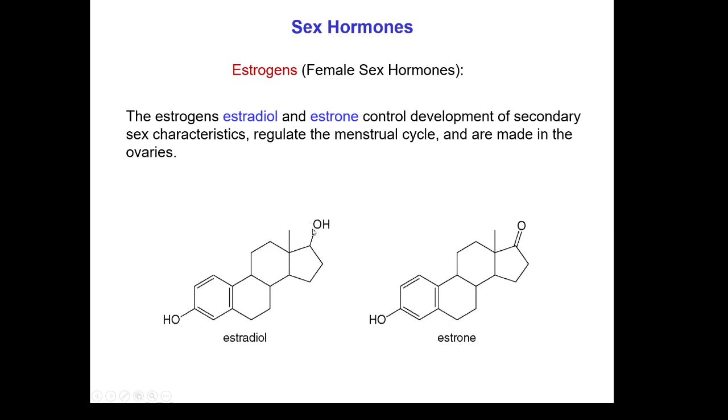But the big difference is one of them has an OH group, the diol, and over here, this one has a ketone. Okay. So, what does estrogen do? Secondary sex characteristics, menstrual cycles, and ends up being made in the ovaries.